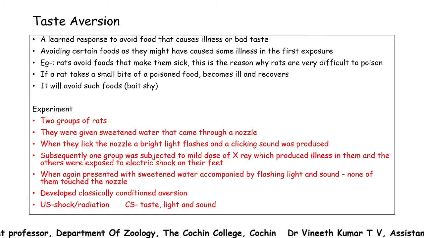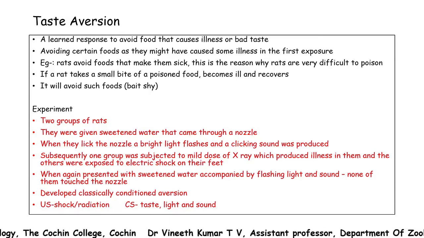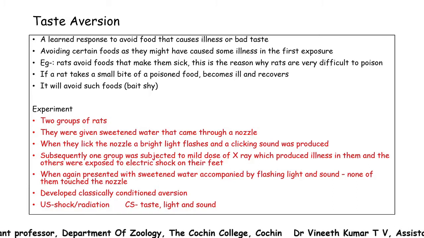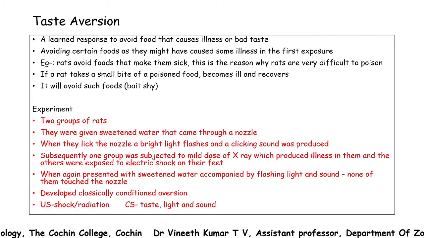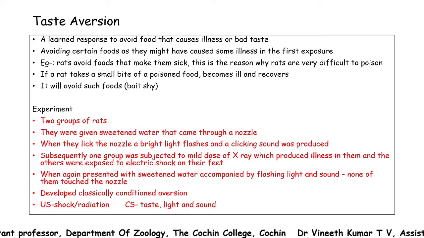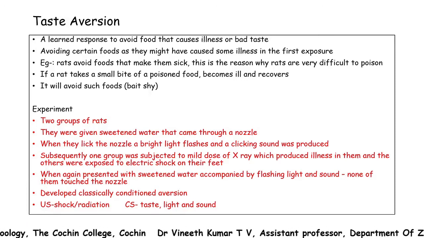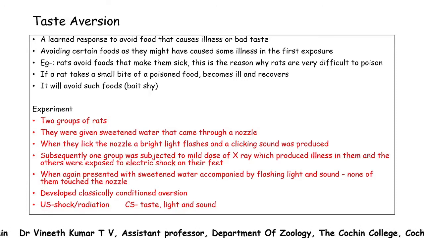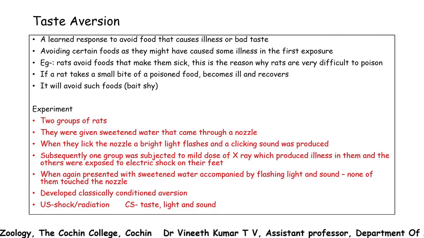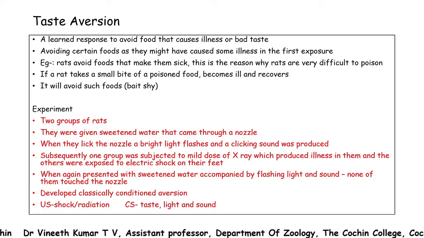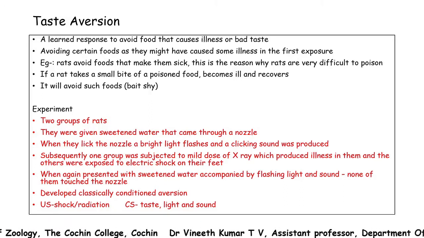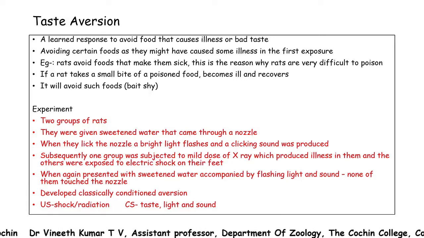A bright light will be flashed, a clicking sound will be produced, and a very mild dose of X-ray will hit that particular rat. This mild dose of X-ray will not harm the rat or cause the death of the rat. This mild dose of X-ray will make the rat sick, with a feeling of nausea, or a feeling of illness.